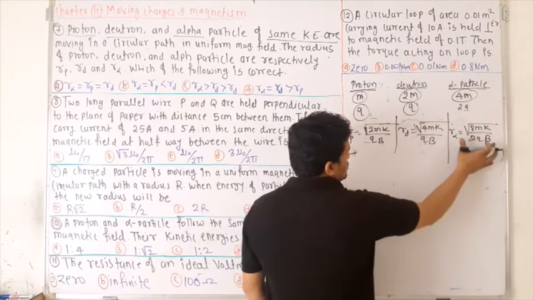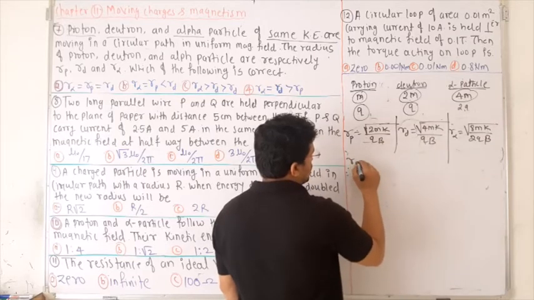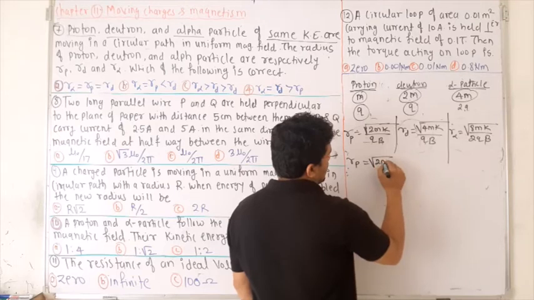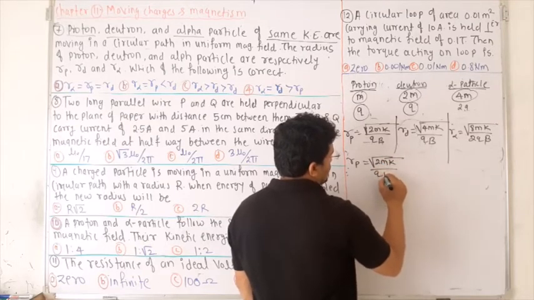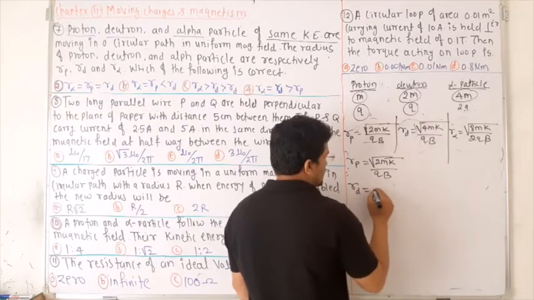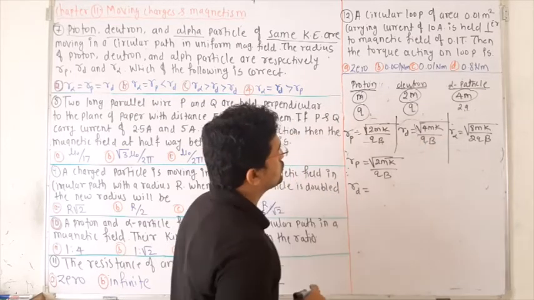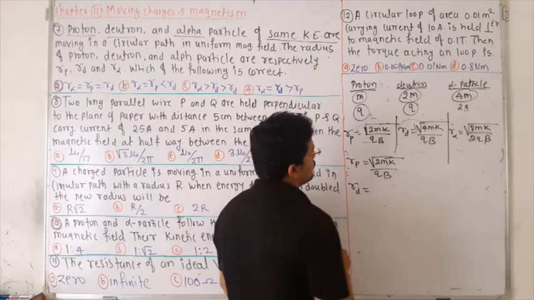So just try to solve this. For the proton, you have root of 2mK divided by QB. For the deuteron, it becomes 2 into 2, 4.